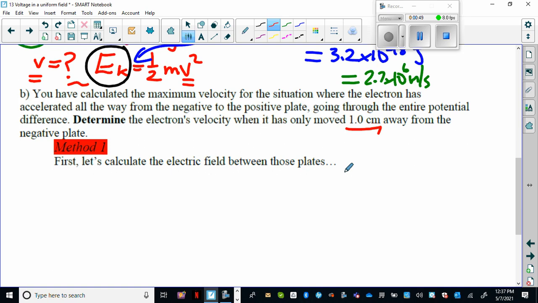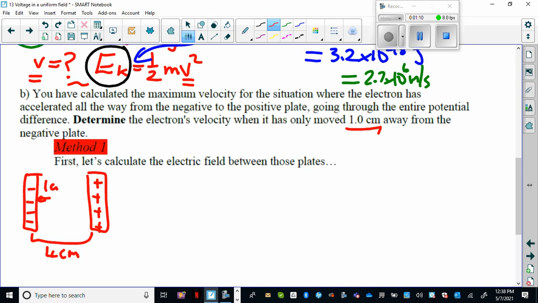It's a mistake to think that since it's only moved a quarter of the distance, the velocity is 1/4 of that velocity, because it's accelerating. It's an exponential curve, so it's not going to be 1/4 of it. So don't think that. Here's how we're going to do that question.